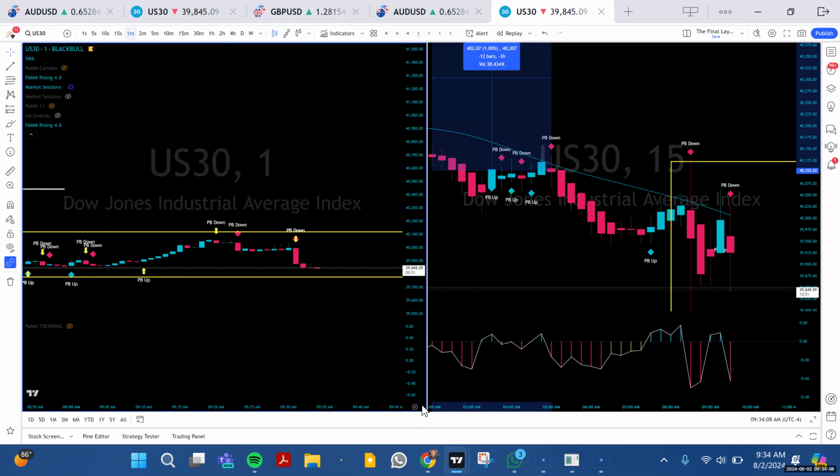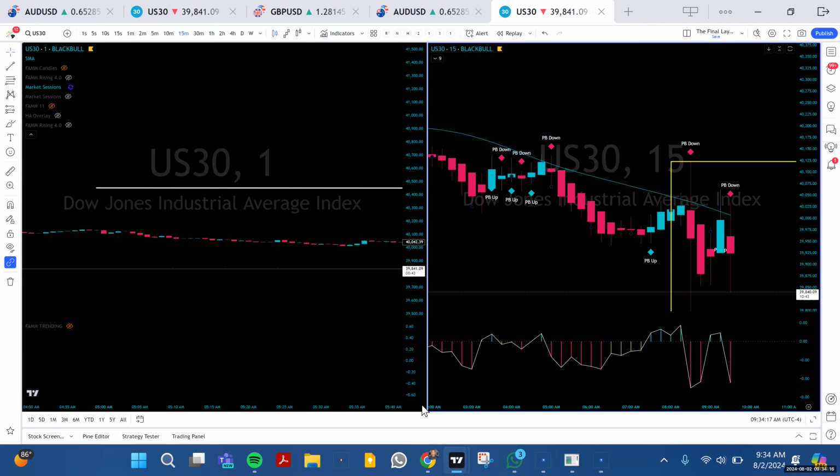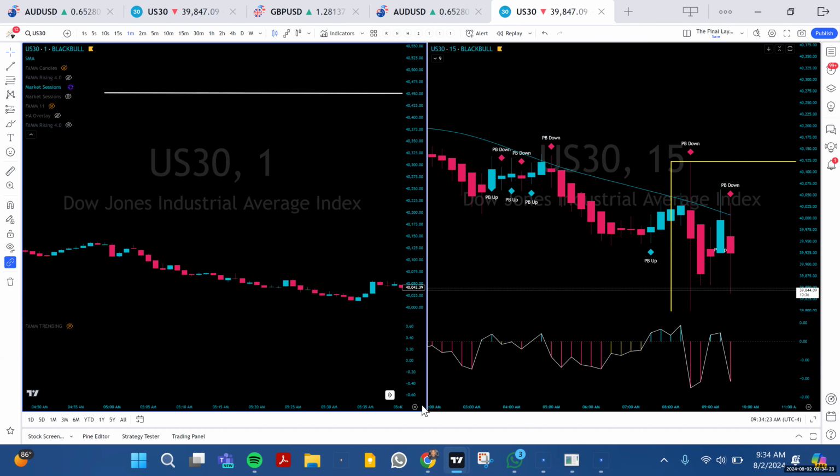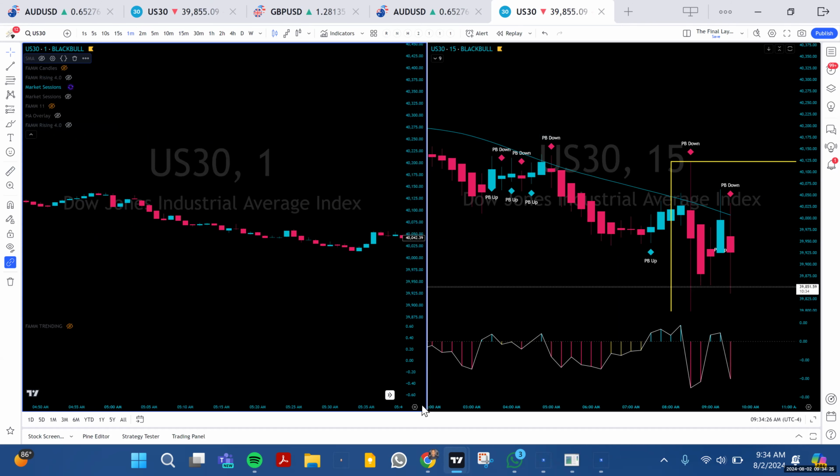We'll take the indicators off for this one, and we're just going to look. This is where we were, back here. We'll take this off as well and just take a look.